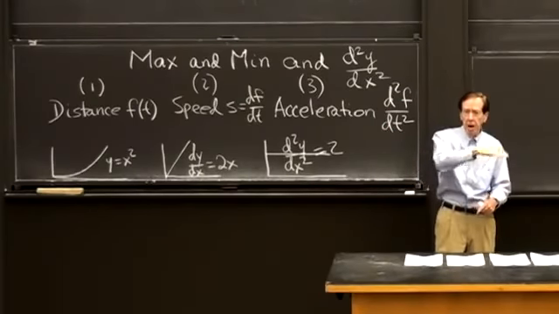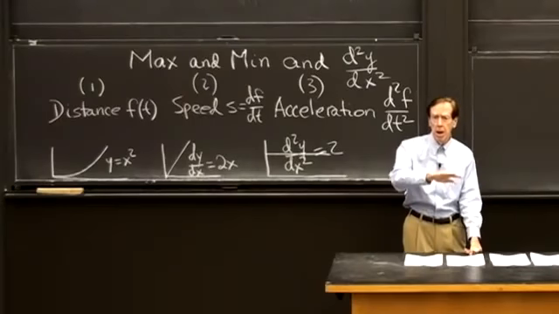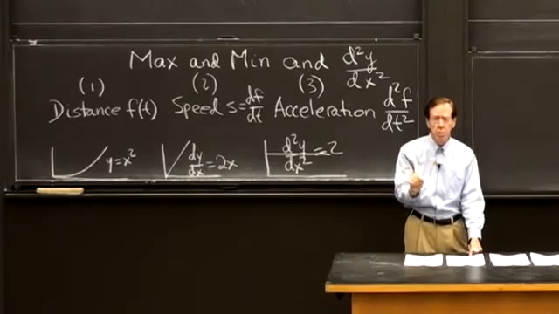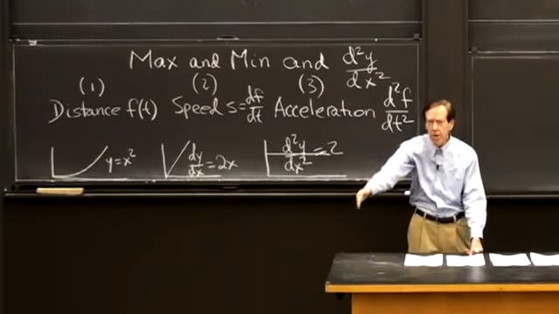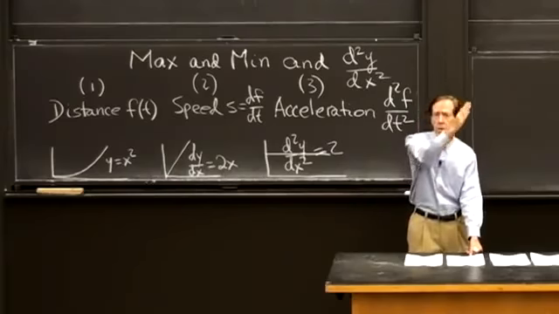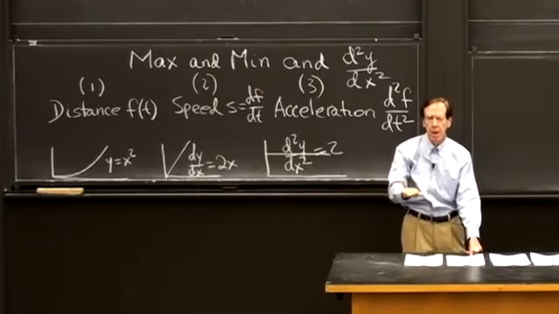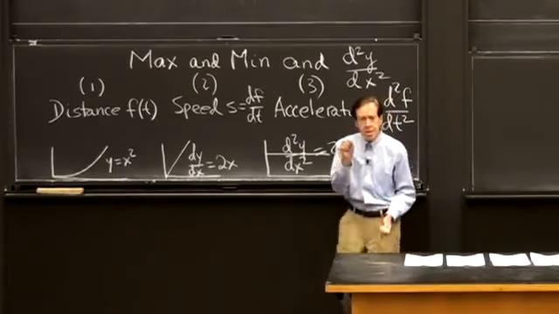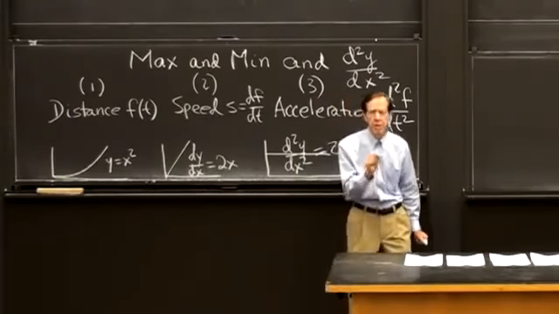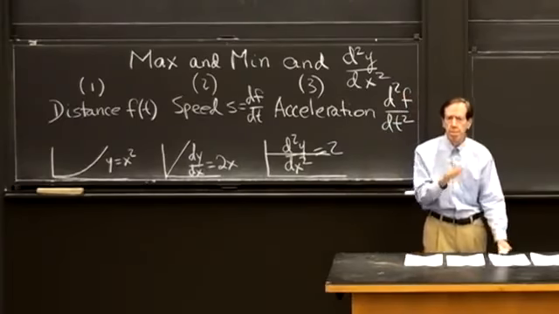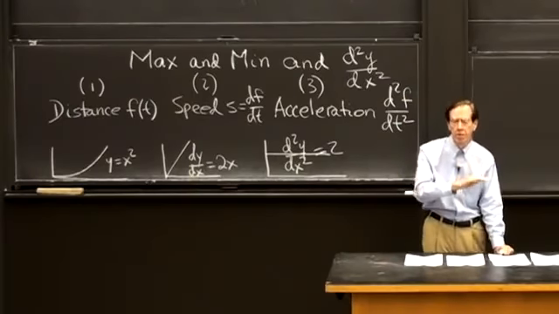Somewhere in the middle of my function, I'll recognize by derivative equals 0, slope equals 0, that the function is leveling off, either bending down or bending up, maximum or minimum. And it's the second derivative that tells me which it is. The second derivative tells me the bending of the graph.